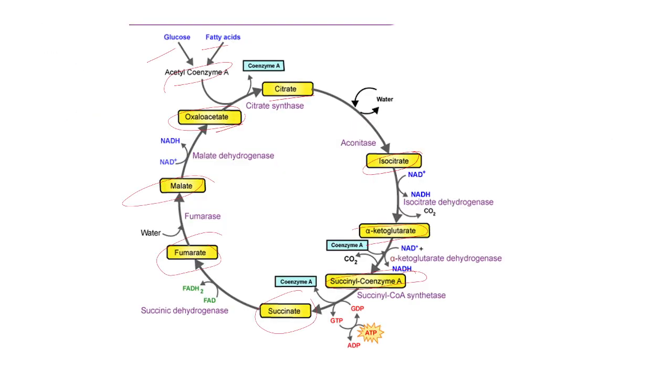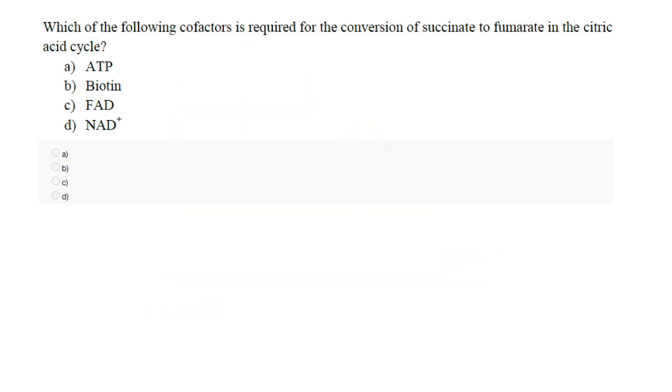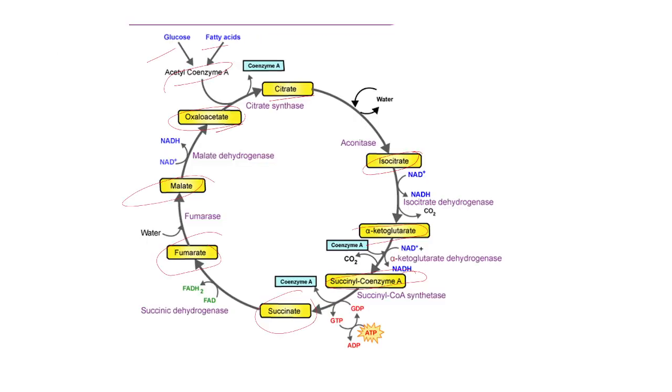So if you see from the last slide, the question is asking succinate to fumarate. So FAD. You can see here, this FAD is required to convert this succinate to fumarate.